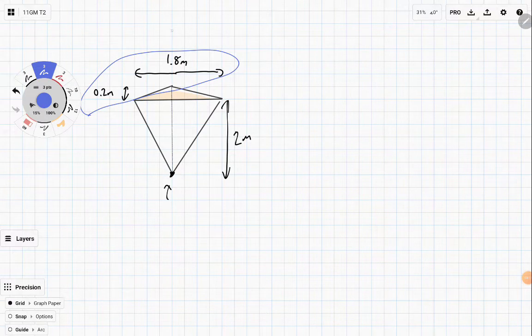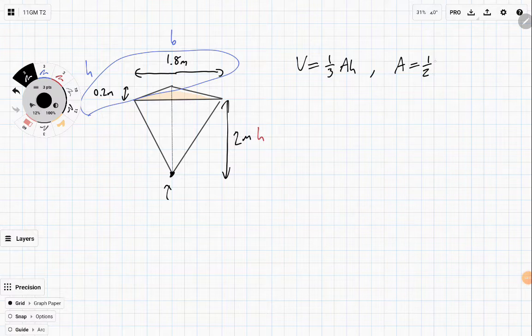This is base and height of the triangle, whereas this is the height of the pyramid. So volume is equal to a third AH, where A is equal to a half bh. So this is just our triangle distances.